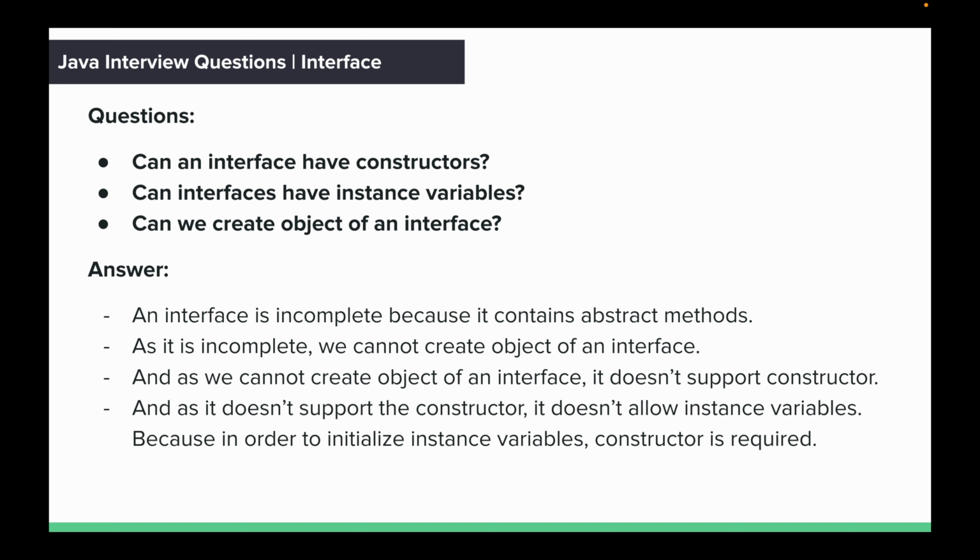So it is kind of a chain: the interface is incomplete because it contains the abstract methods, so we cannot create object of the interface. As we cannot create object of the interface, it doesn't support the constructor. And as it doesn't support the constructor, it doesn't allow instance variables, because in order to initialize those instance variables, a constructor is required. So that is the reason we cannot give instance variables inside the interfaces.